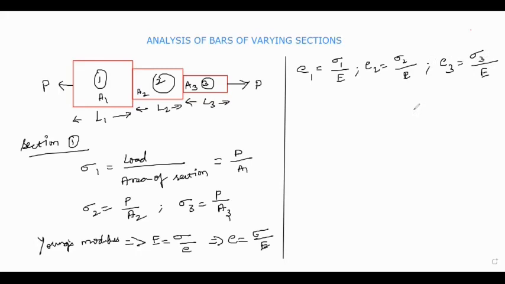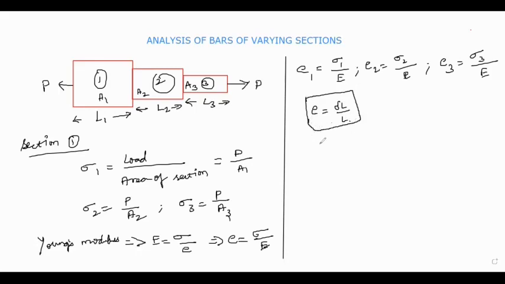Now, you know that strain is given by change in length divided by original length. So I am replacing the strain epsilon with the ratio between change in length and original length.